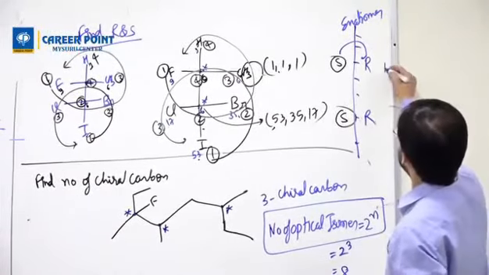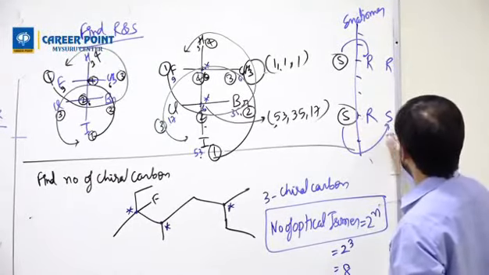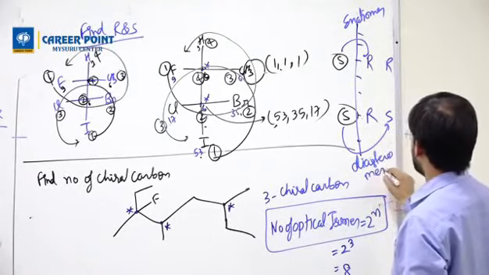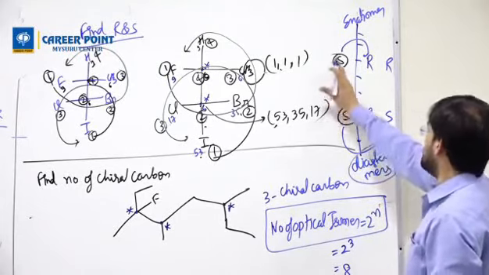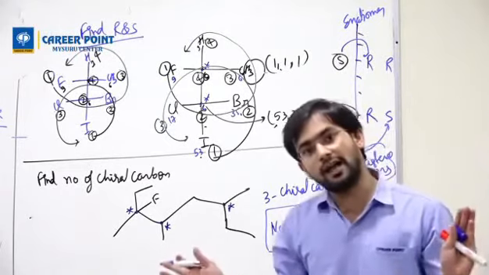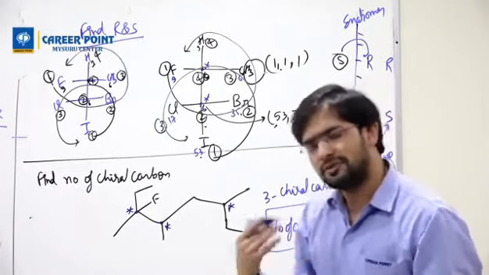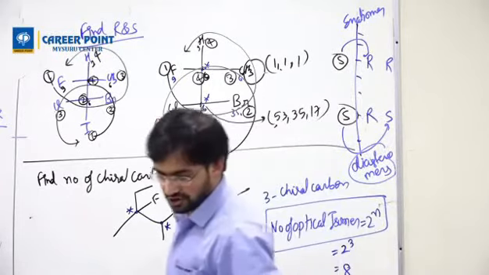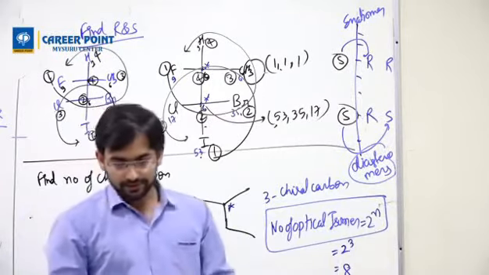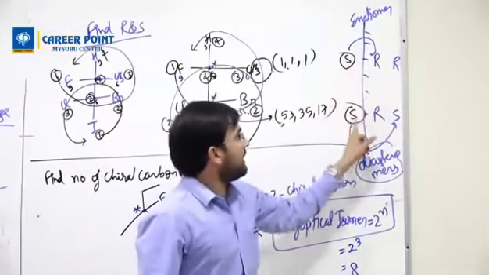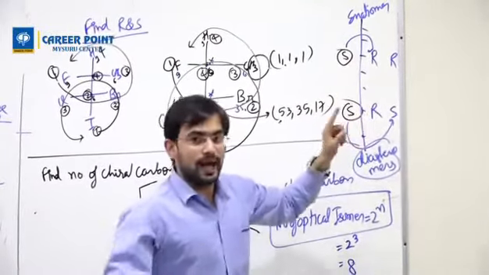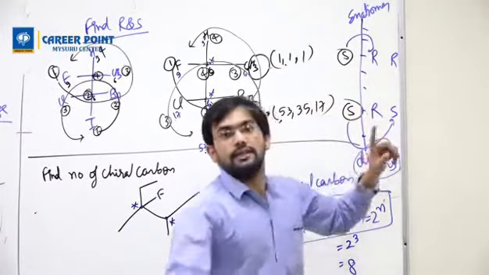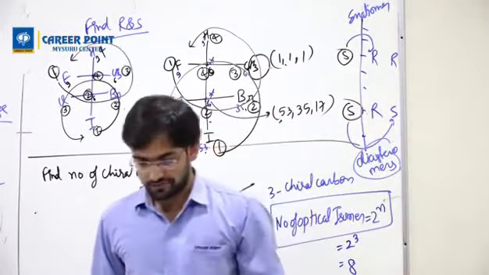But if you get somewhere R and S, then these 2 are diastereomers. If all are opposite, it is enantiomer. If some are opposite and some are not, then diastereomers. S to R, S to R, both opposite, then enantiomer. S to R opposite, the other not opposite, then diastereomers. Clear?